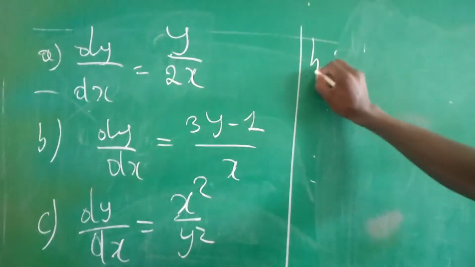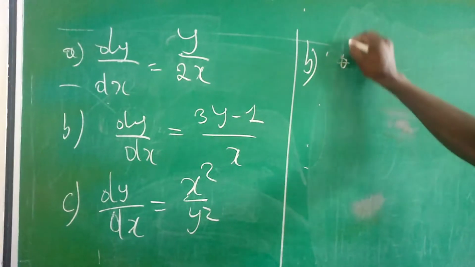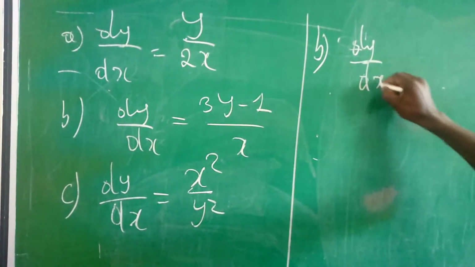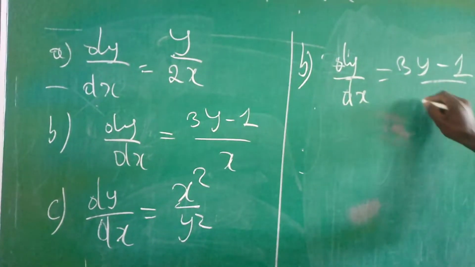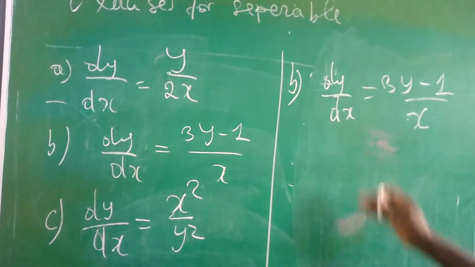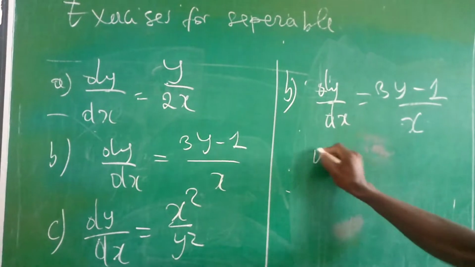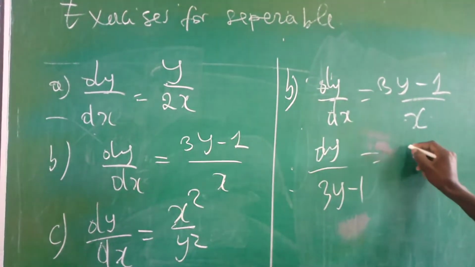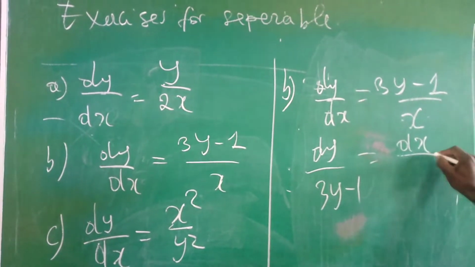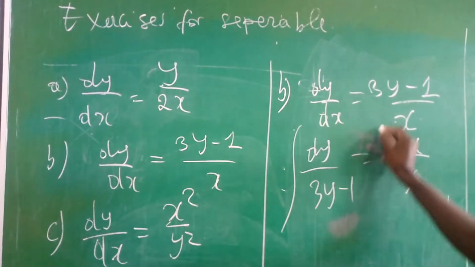Let's do another example, which is dy over dx equal to 3y minus 1 over x. Here we can also separate: dy over 3y minus 1 is equal to dx over x. We integrate both sides.